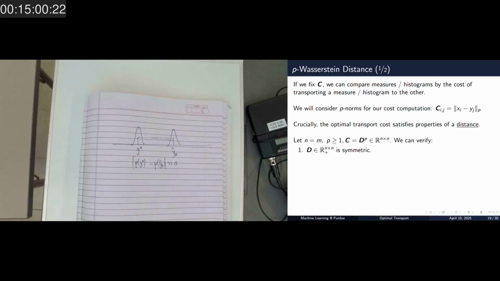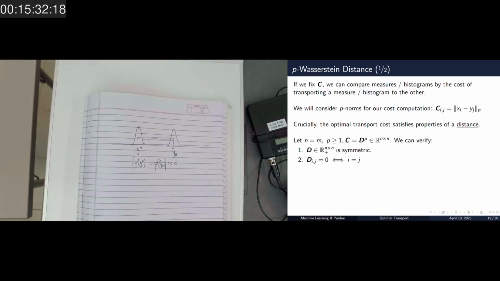Okay, so for this, we need the cost matrix, or the pointwise C_ij, to satisfy properties of a distance. As an example, let n equal m. So we have a square matrix here in our cost matrix, and we can verify a couple of things very easily. Firstly, D in R^(n by n) is a symmetric matrix.